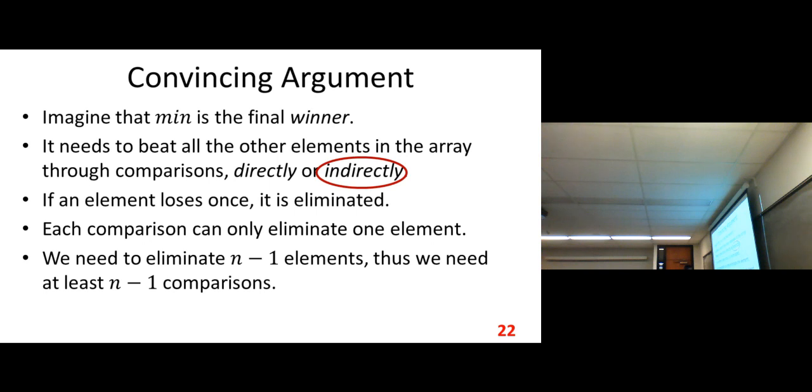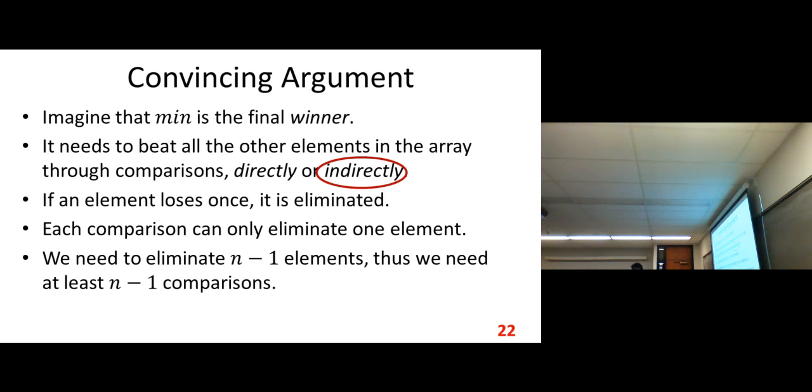So that means you need at least n minus 1 comparisons, the minimum. Even for unknown algorithms, you need to make at least n minus 1 comparisons. Here you can see unknown algorithms, because we know their properties, so we can discuss the unknown algorithms.